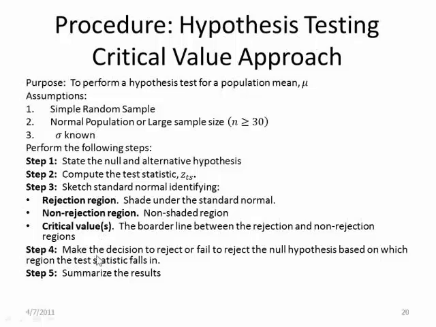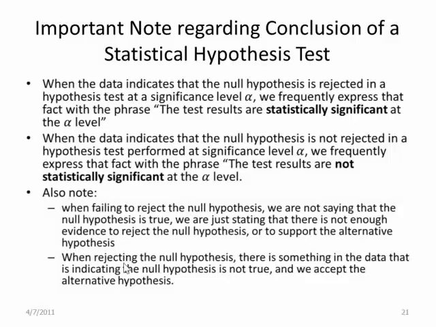And then step number 4 is to make the decision to reject or fail to reject the null hypothesis based on which region your test statistic falls. And then summarize your results in a formal statement. So these are the 5 steps that I'm going to follow, and as long as you follow these 5 steps, you can never go wrong.